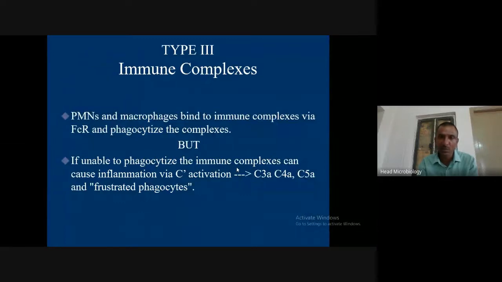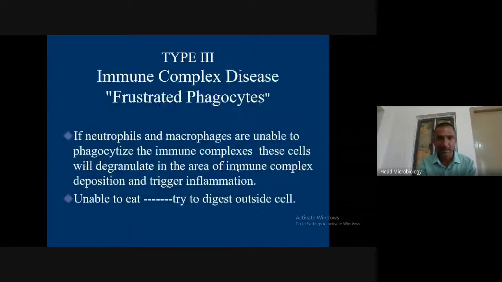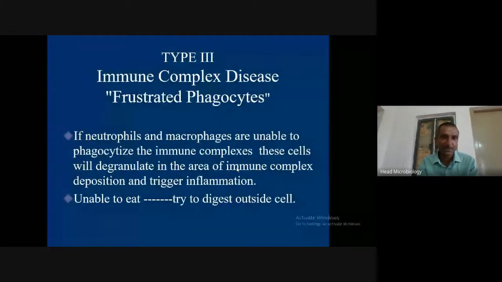Immune complexes can cause inflammation via complement activation. Complement activation means complement fixation, and we'll discuss the complement pathways in later classes. This can cause frustrated phagocytosis.